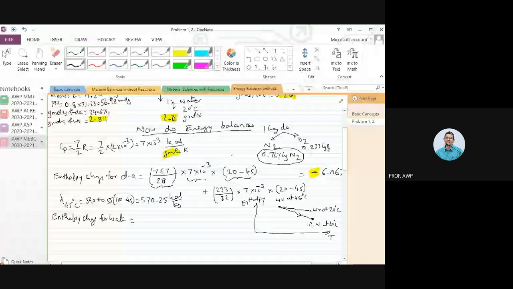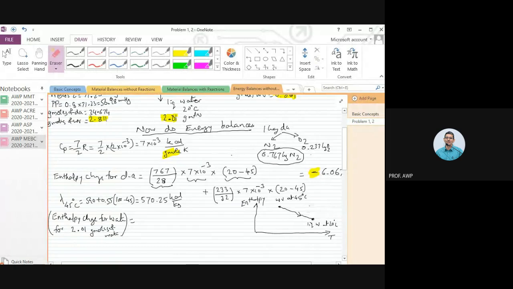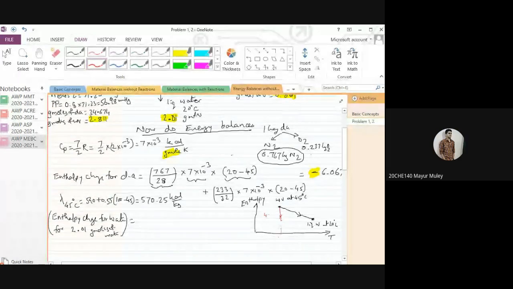Yes, sir. So first we are working only on 2.01 gram moles of water, keeping the others on our side. So if we look at this part, you are converting everything into liquid water at 45 degrees centigrade.